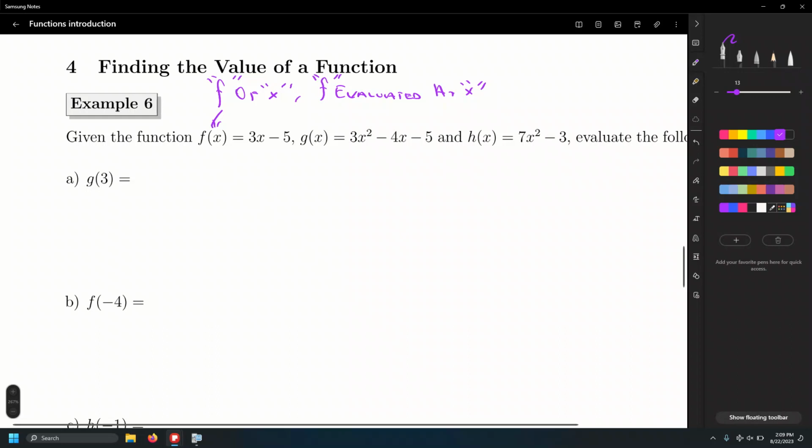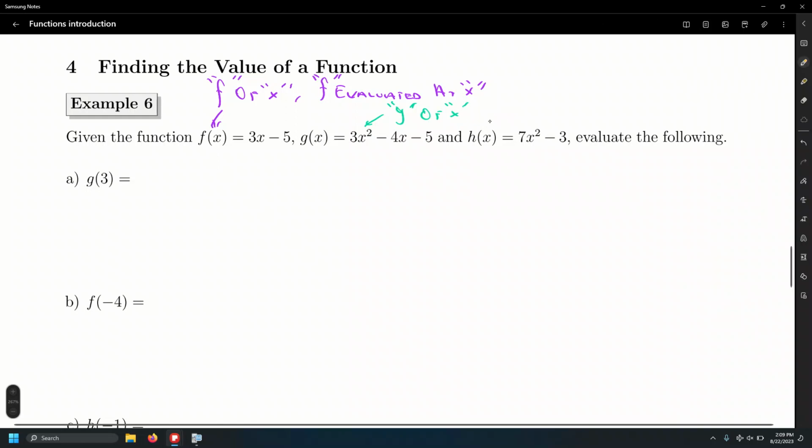Same here. Let me use a different color. g of x, that's how we read this. And let's call this h of x. All right? f of x, g of x, and h of x. Those are, by the way, the most common letters to label functions: f, g, and h.